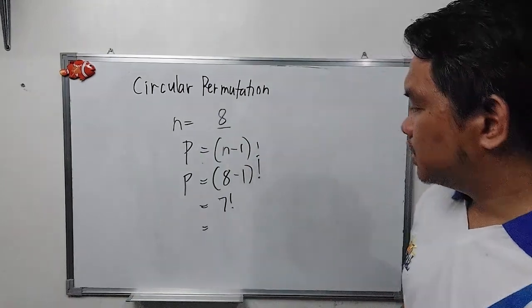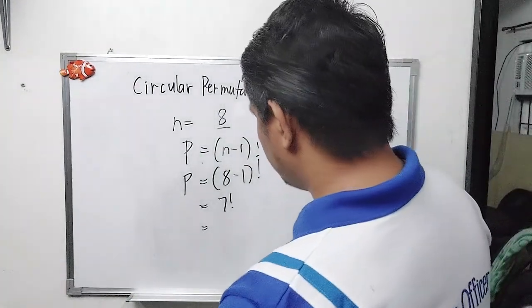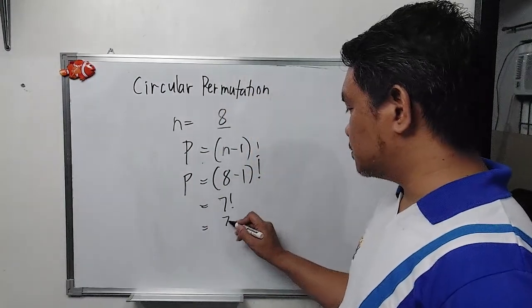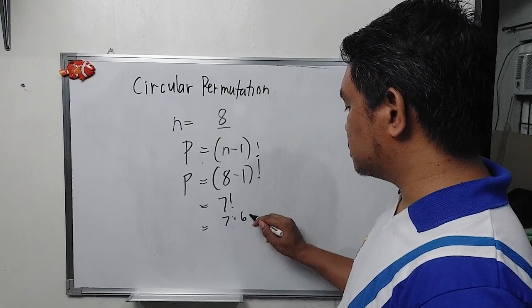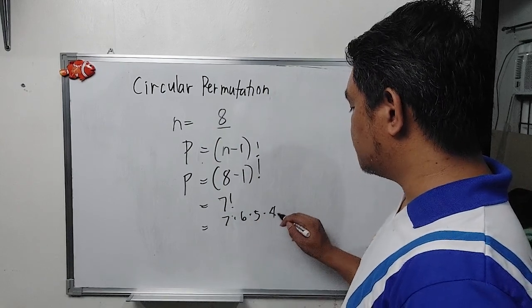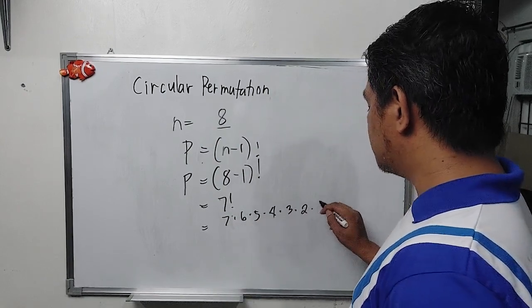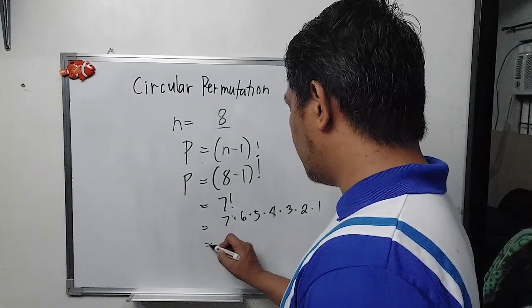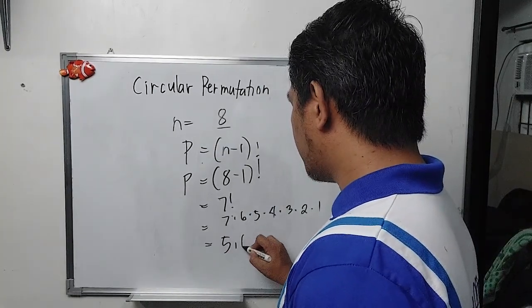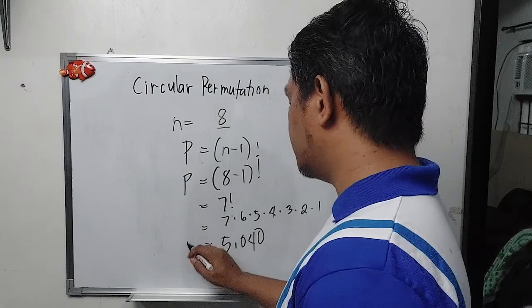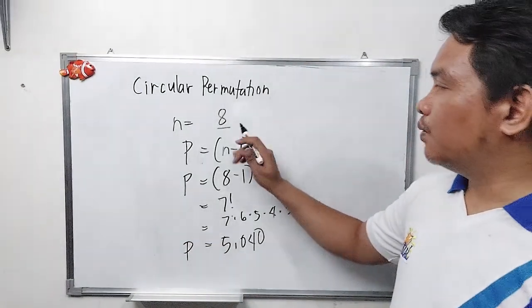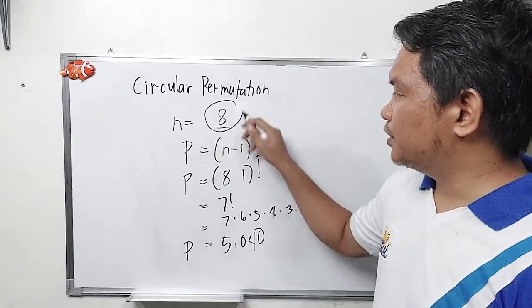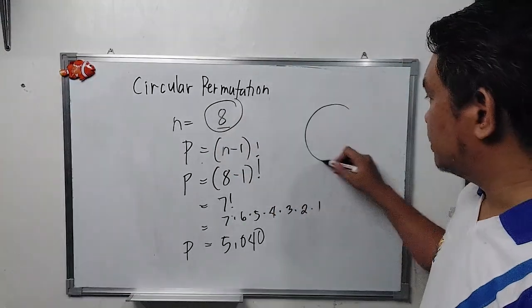And what is 7 factorial? 7 factorial is equal to 7 times 6 times 5 times 4 times 3 times 2 times 1, or makakakuha ka ng sagot na 5,040. So, yun yung pwedeng arrangement na magagawa ng 8 members kung paikot sila.